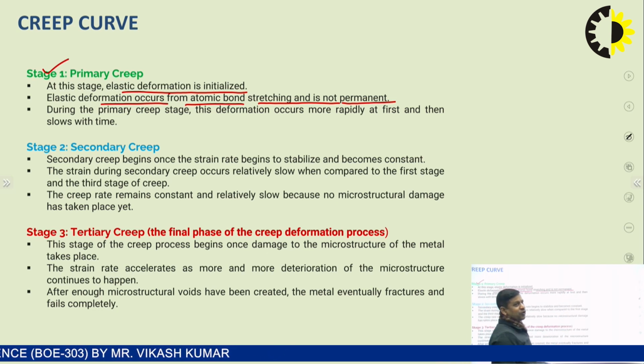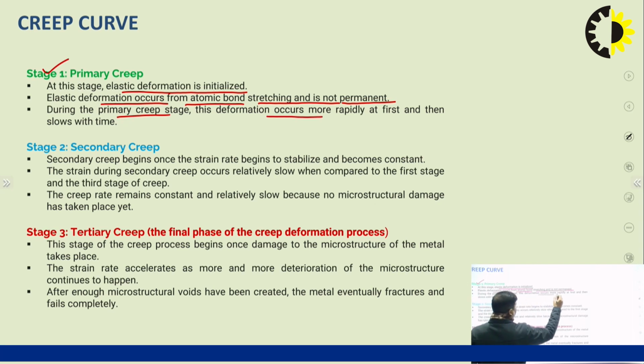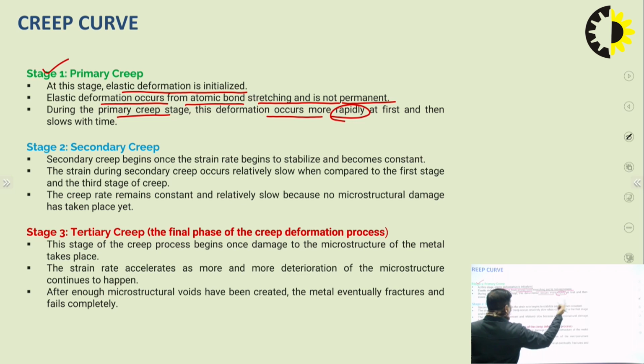There is a scope for the specimen to revert back to its original position. During primary creep also notice that deformation occurs more rapidly at first and then slows with time.